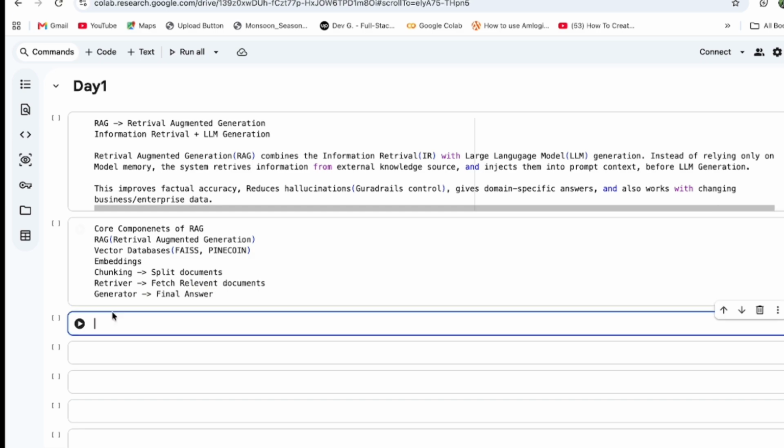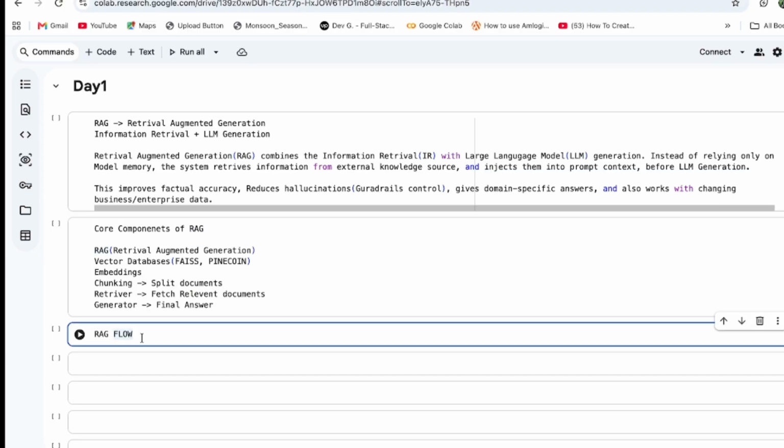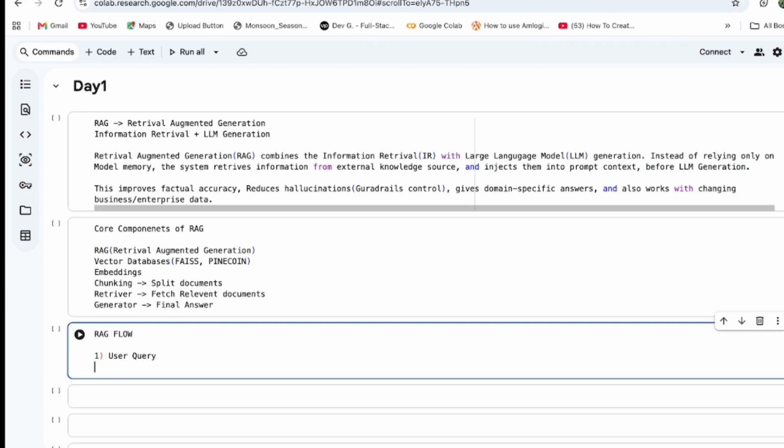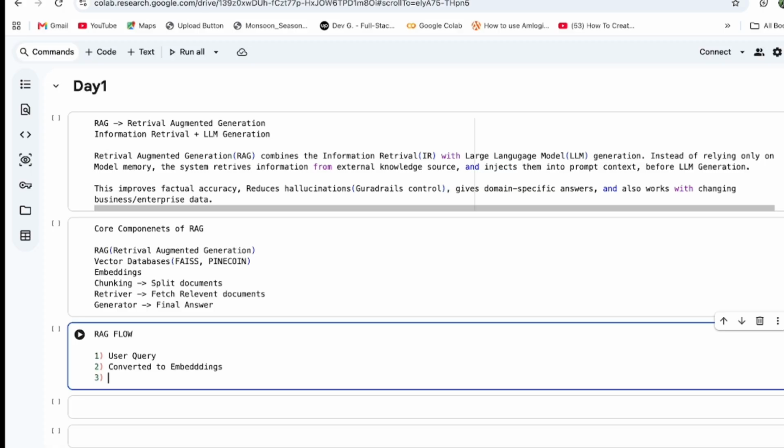Now we have to understand the RAG flow, how the RAG system is implemented in a flow. First the user gives his query to the LLM, right? The user query is converted to embeddings. Embeddings are the word vectors where each word is plotted in a 2D or multi-dimensional space corresponding to their vectors, and we then search the vector databases.